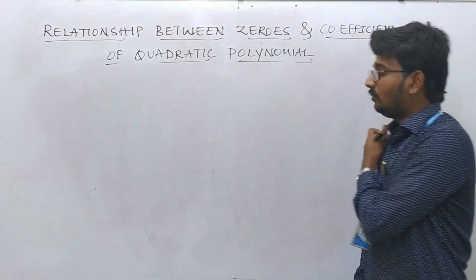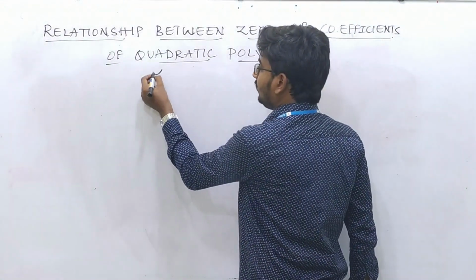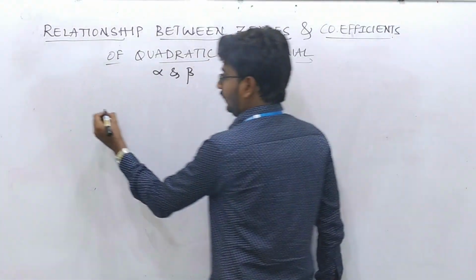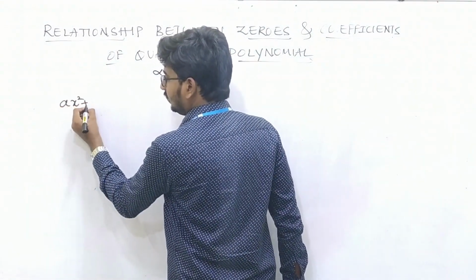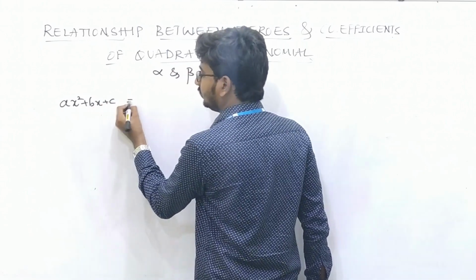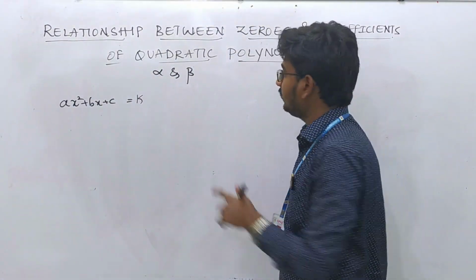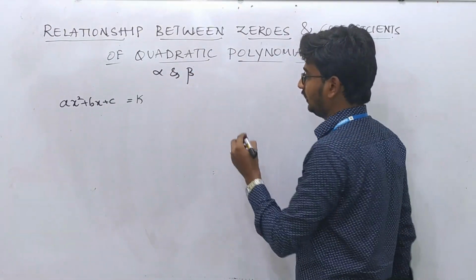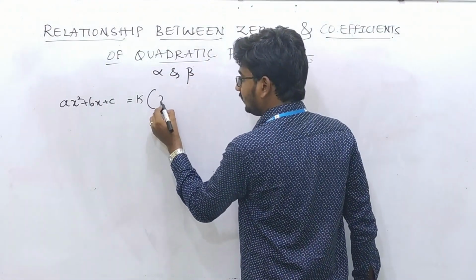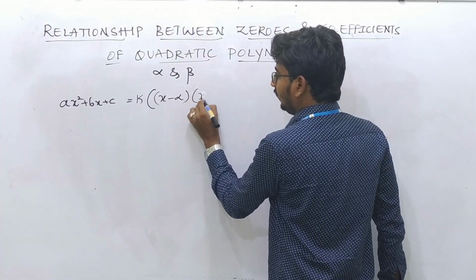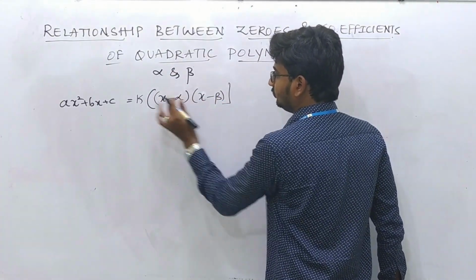As I said, alpha and beta are the zeros of the polynomial ax square plus bx plus c. Let k be any constant term. Since alpha and beta are the roots of the quadratic polynomial, I will take it as x minus alpha into x minus beta.